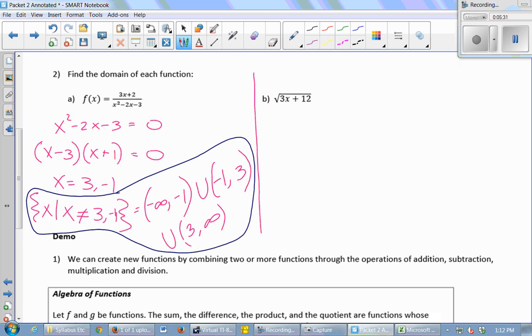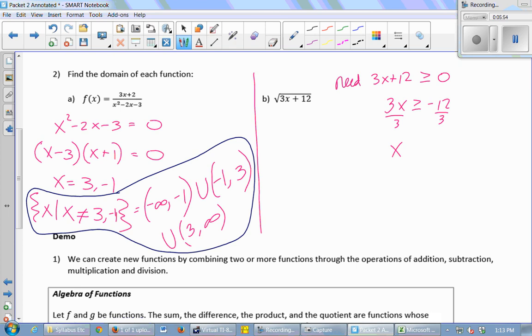Can it be 0? Can you take the square root of 0? Yes. So I need 3x plus 12 to be bigger than or equal to 0 always, right? Whatever's under the square root has to be bigger than or equal to 0. Can't be negative. So then I just solve this. 3x has to be bigger than or equal to negative 12. Divide by 3.